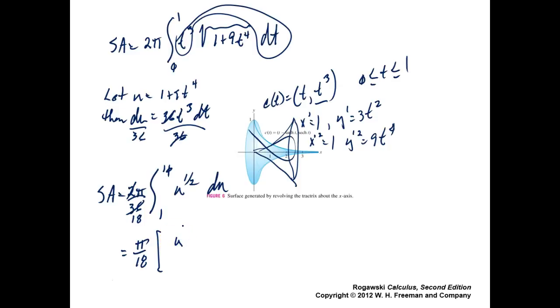U to the 3/2 times 2 over 3. Okay? Well, I'm going to wipe out this 2 with the 3 and make a 9. So that now gives me pi over 27. So that's pi 27ths. We're going to evaluate this from 1 to 10.